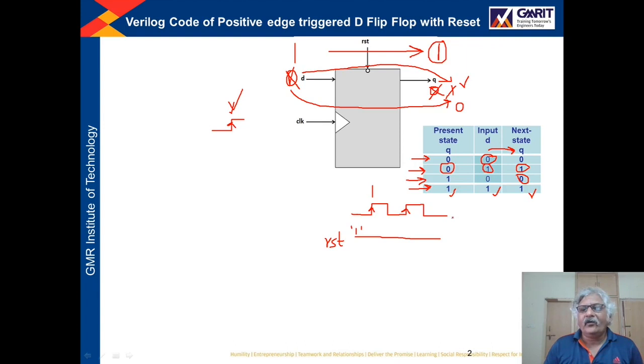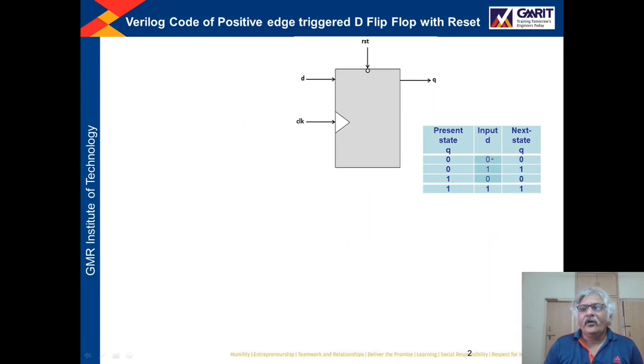So basically what is happening in this D flip-flop, whatever is the D input, see D input is 0, so your next state is 0. D input is 1, next state is 1. D input is 0, next state is 0. D input is 1, next state is 1. This means your next state is equal to the value of D, right?